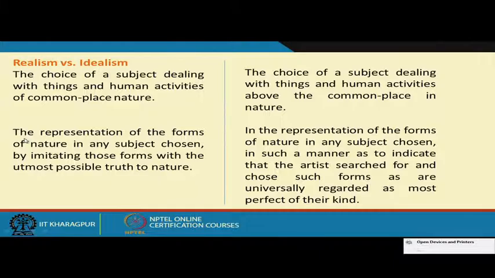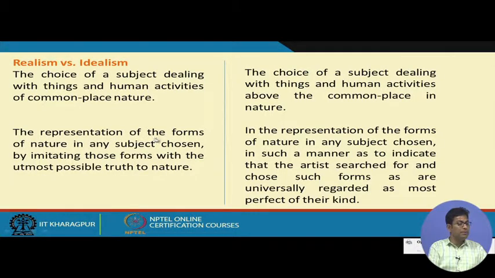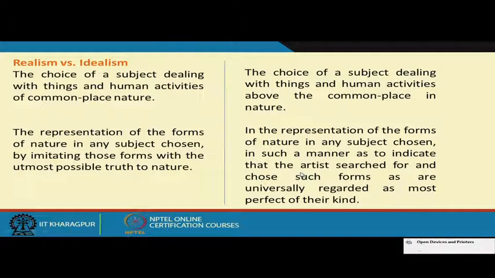Another difference is the representation. In case of realism, the representation of the forms of nature in any subject chosen is by imitating those forms with the utmost possible truth of nature, whereas here the artists have searched for and chosen such forms as are universally regarded as most perfect of their kind. So, you understand the difference.